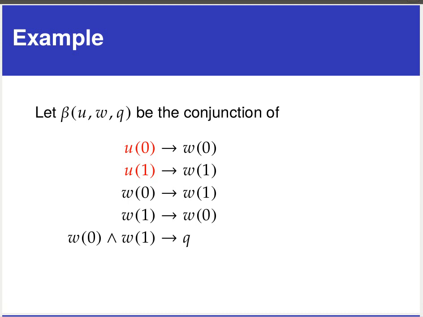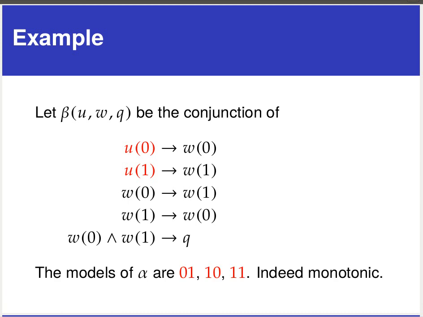They are only on the left hand side of implications. They are never on the right hand side. And that immediately tells us that beta is anti-monotonic. So according to what we saw on the previous slide, it must be that the alpha defined in terms of this beta must be monotonic. And on this simple example we can check whether this is true or not.